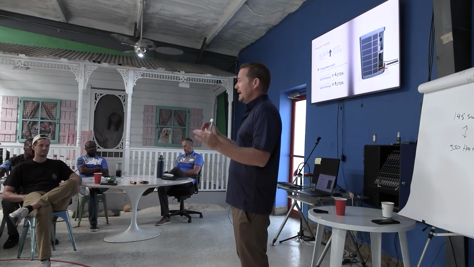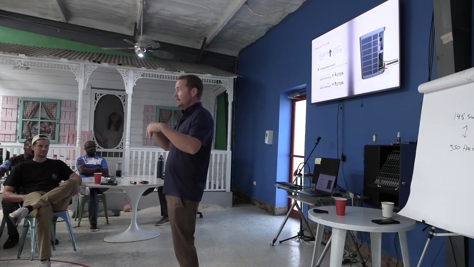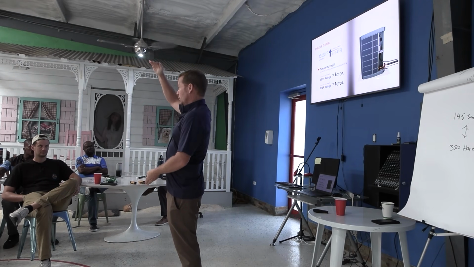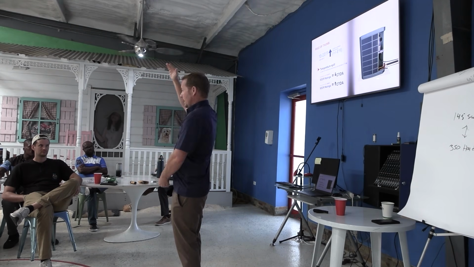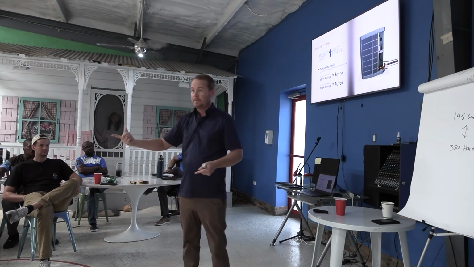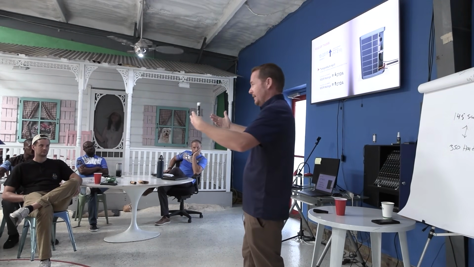So what is one of our main jobs to get more efficiency out of a system? And there's a caveat to this, which I'll give you in a second. It's lower head pressure and higher suction pressure, right? Lower head pressure and higher suction pressure equals less work to move BTUs. There's a problem though, because what's the problem with higher suction pressure? We just talked about it.